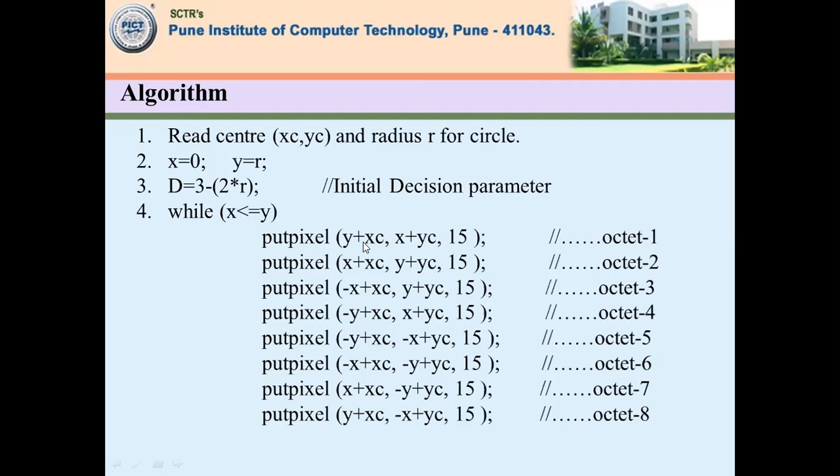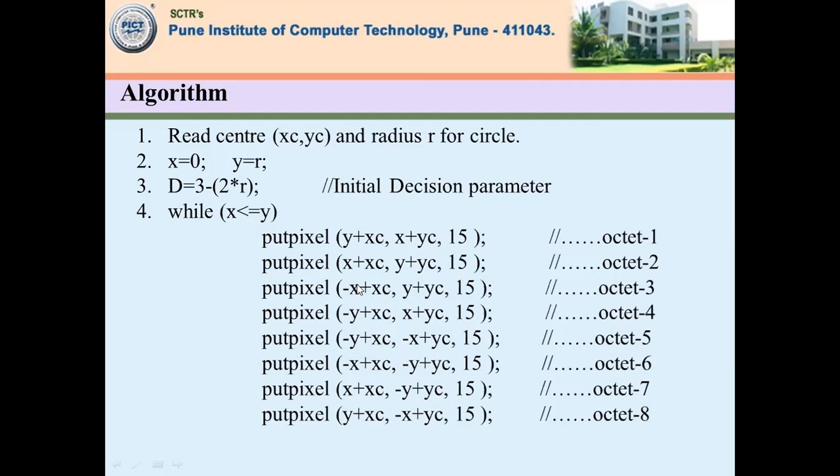Here, if you observe, x and y with the center xc, yc: every time you need to add the center, whatever center you are going to take. If this value is 0, it is simply (x, y), (y, x), (-x, y), (-y, x), (x, -y), (y, -x), (-x, -y), (-y, -x). One more thing: you can write this sequence in any order, it doesn't matter at all.